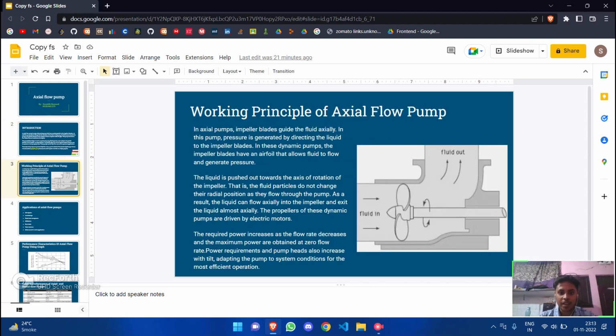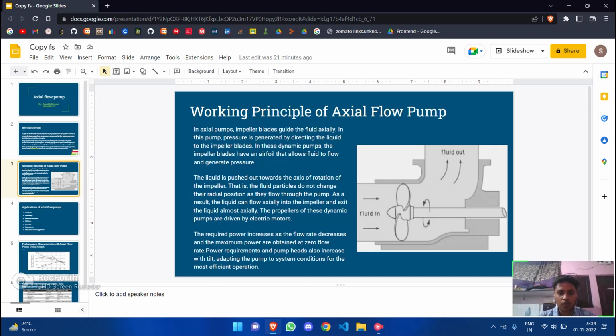Now I start the working principle of the axial flow pump. In an axial flow pump, the impeller blades guide the fluid axially. In this pump, the pressure is generated by directing the liquid with the impeller blades. In this dynamic pump, the impeller blades have an airfoil shape that allows the fluid to flow and generate pressure.